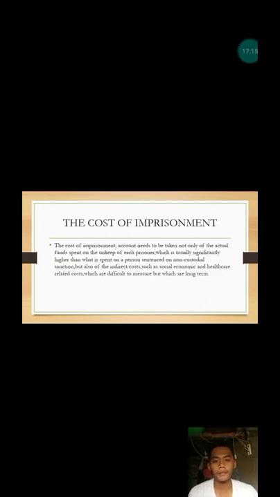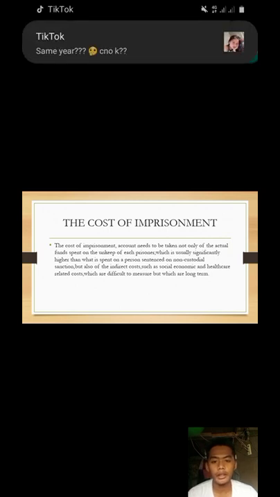The cost of imprisonment. So, the cost of imprisonment needs to be taken into account not only for actual funds spent on the upkeep of each prisoner, which is usually significantly higher than what is spent on non-custodial sanctions, but also of indirect costs such as social, economic, and healthcare related costs, which are difficult to measure but which are long-term.